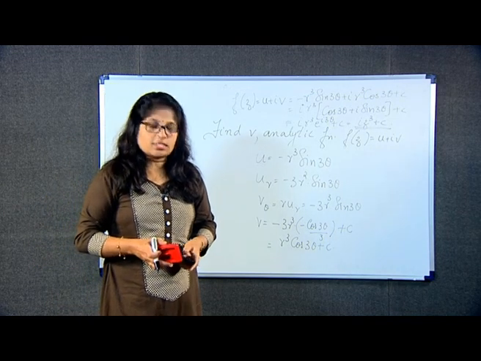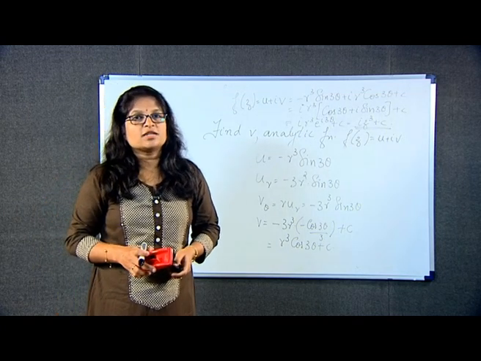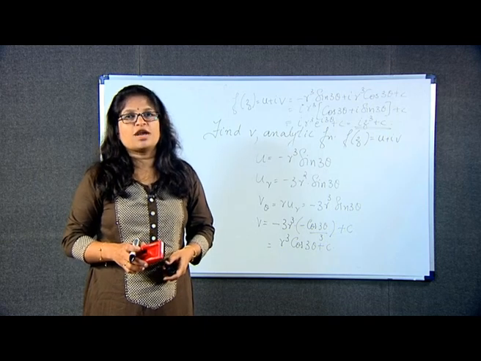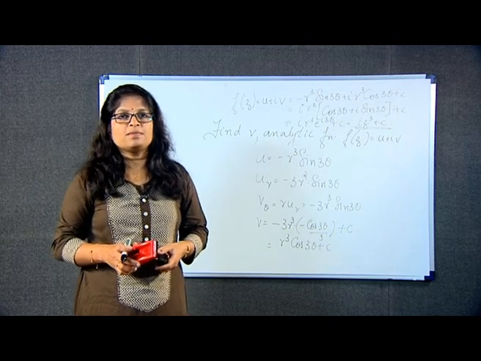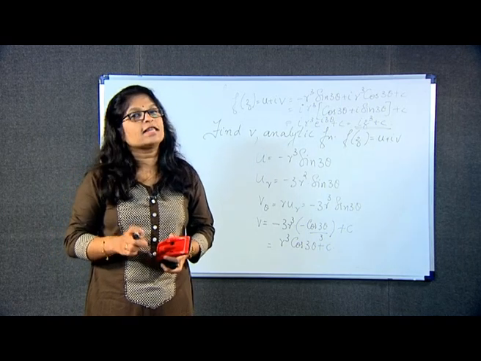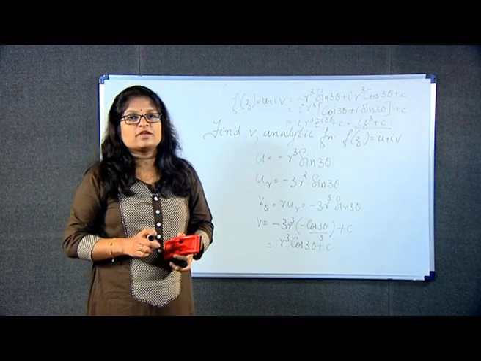Now, suppose I ask you to find the harmonic conjugate, as I have told you in the previous session. If you are asked to find the harmonic conjugate given any function, before proceeding, make sure that the given function is harmonic. So, for that you have to check the Laplace equation.